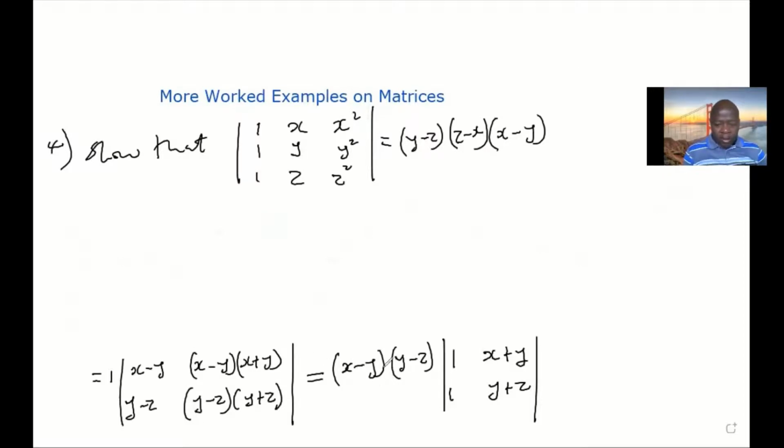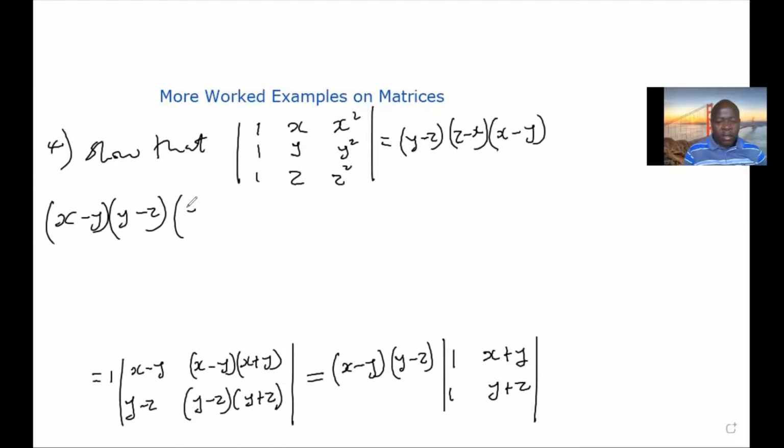Now, what is this? Outside the bracket, what we have is x minus y multiplied by y minus z. And inside this determinant, we have this minus that.